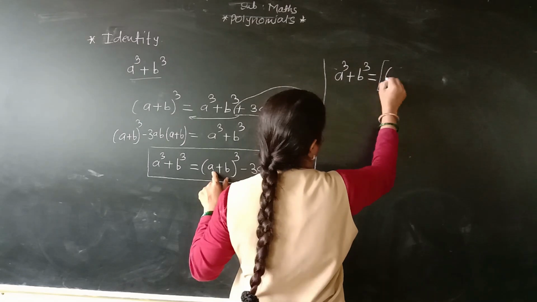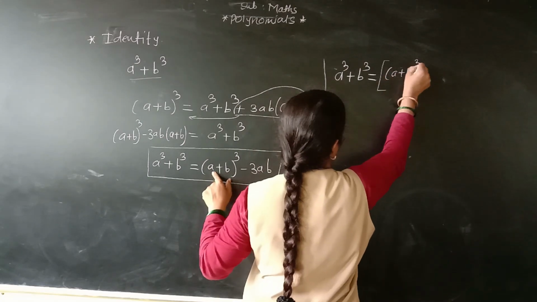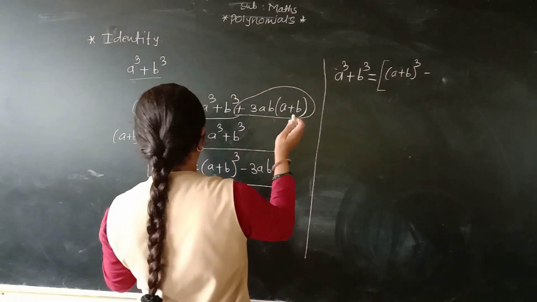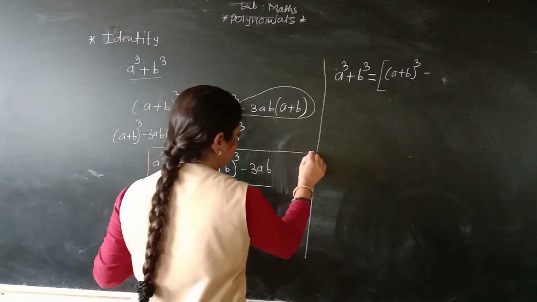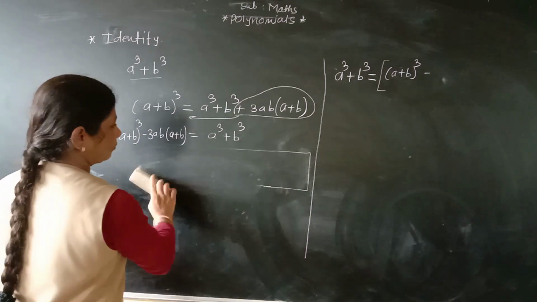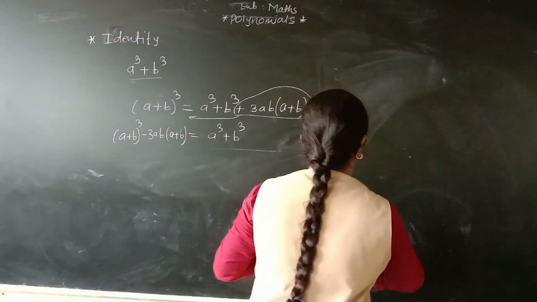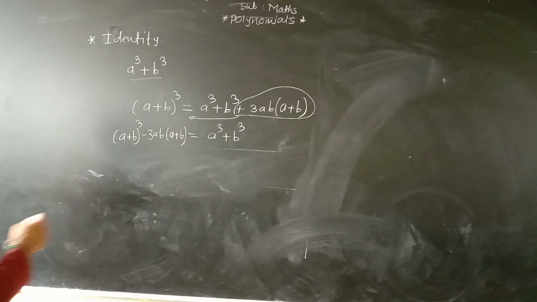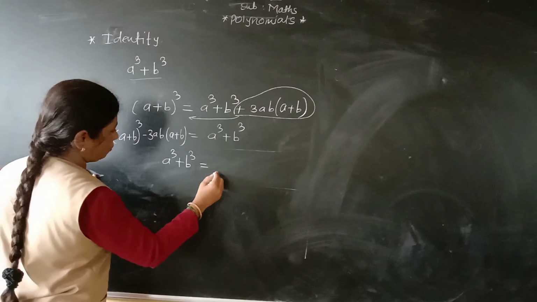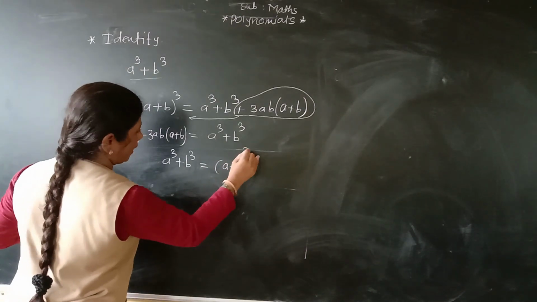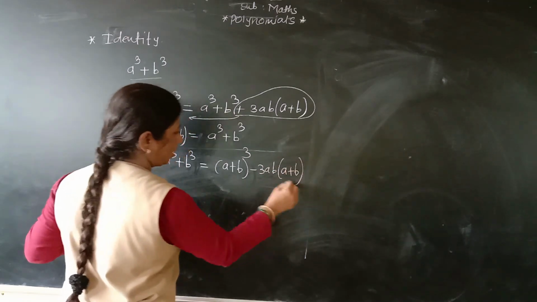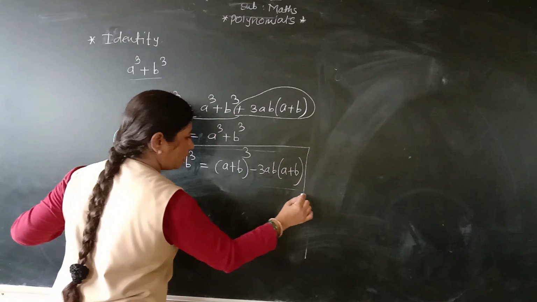Here a cube plus b cube is equal to (a plus b) bracket cube minus 3ab in bracket a plus b. So this expansion we have learned already.